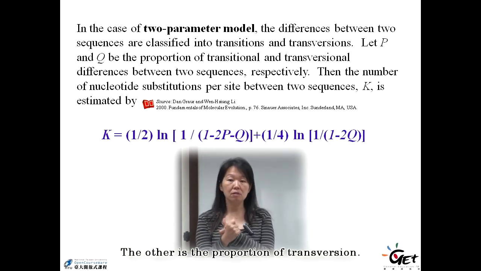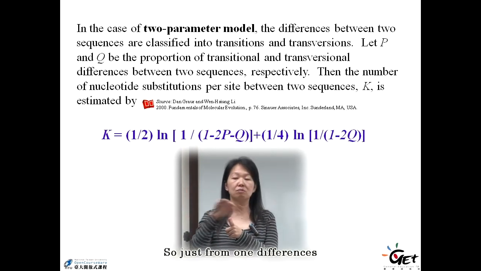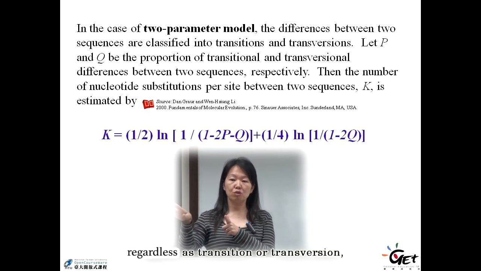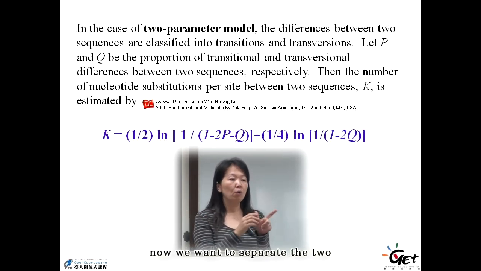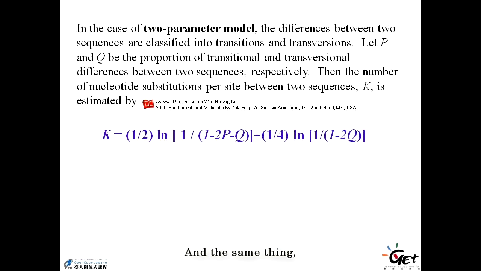The other one is the proportion of transversions. So instead of just counting differences regardless of transition or transversion, now we want to separate the 2. And the same thing, we can calculate the divergence or nucleotide substitutions between the 2 sequences.